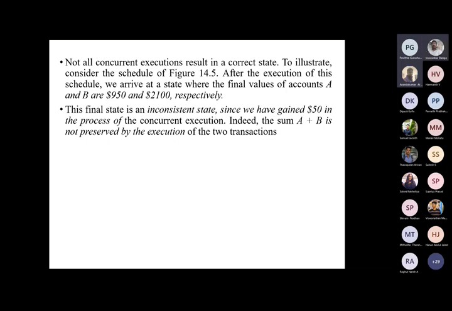Since the sum of accounts A and B is not preserved during the execution of this transaction, we say that there exist some conflicts if the transactions are executed in parallel.